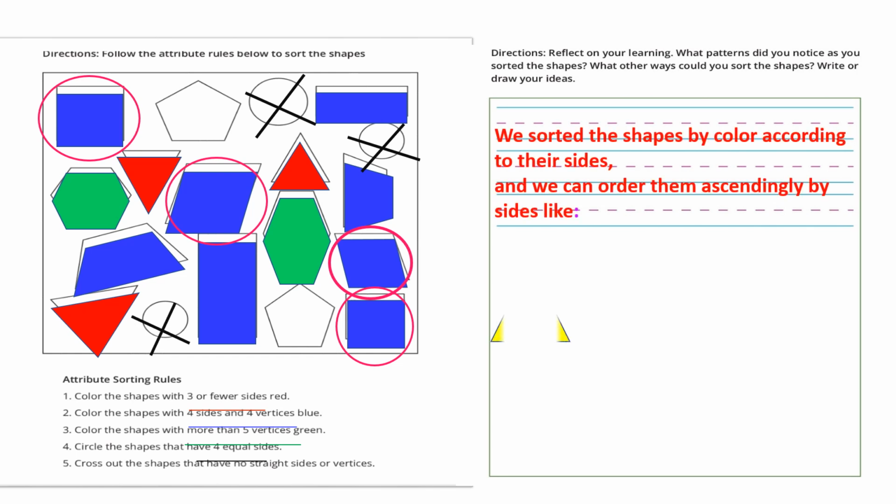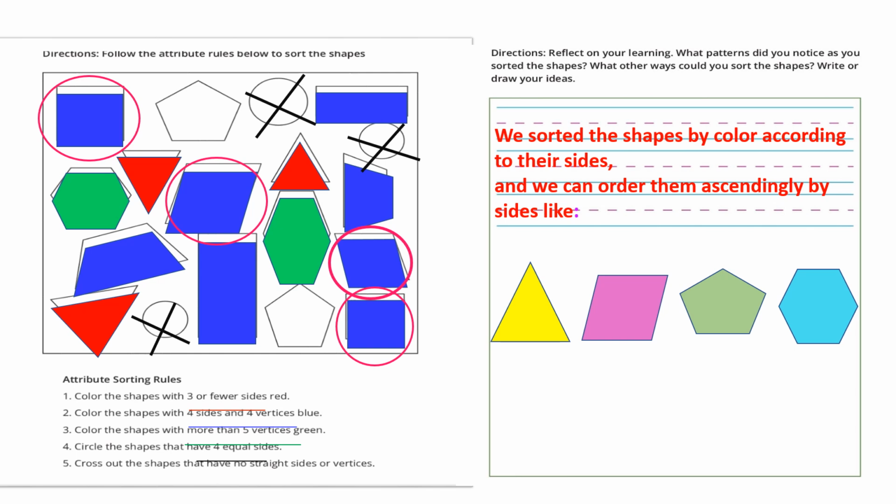Okay. Lesson 42, Math Journal. Reflect on your learning. What patterns did you notice as you sorted shapes? What other ways could you sort shapes? Write or draw your ideas.